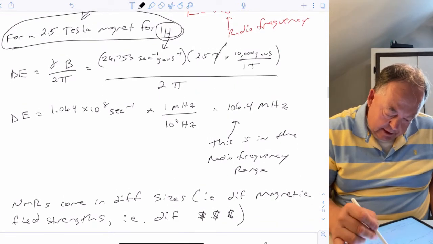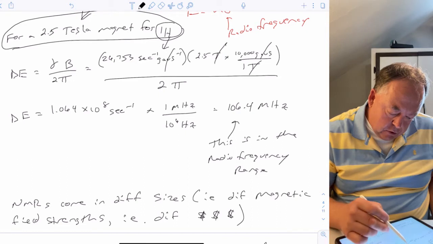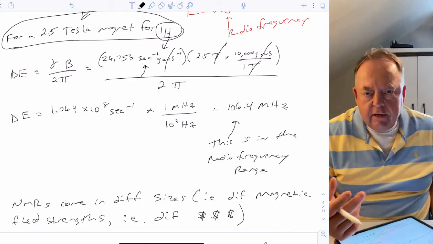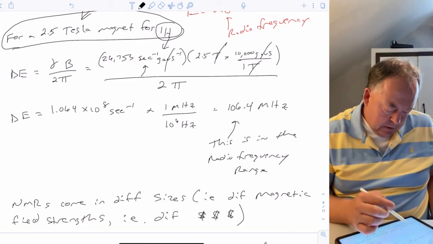Basically, Tesla is going to cancel, Gauss is going to cancel, and we're going to be left with inverse seconds. Inverse seconds is a unit of frequency.